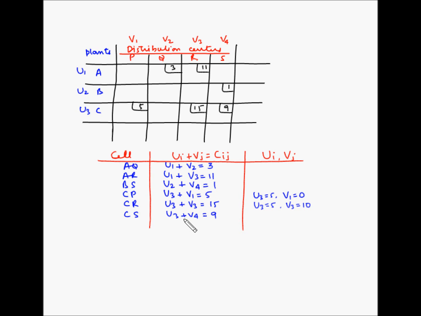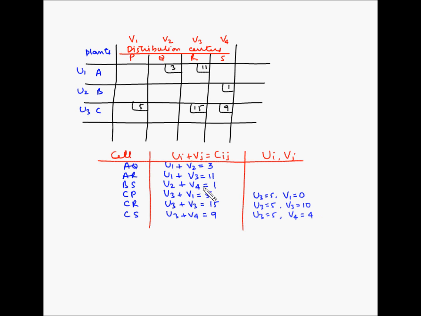Now again, for U3 plus V4 is equal to 9, U3 is 5. So V4 is equal to 9 minus 5, which is 4. Now let's go to the equation for BS. U2 plus V4 is equal to 1 and we know V4 is equal to 4.